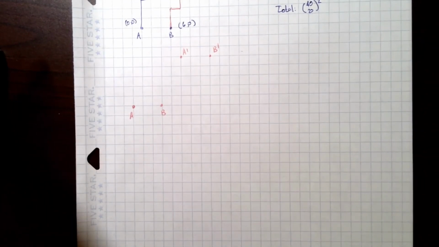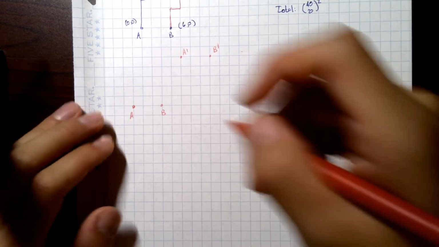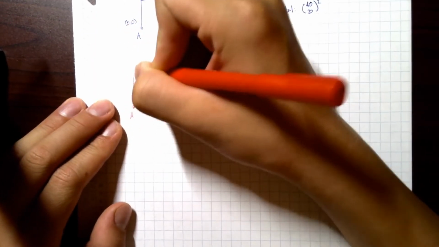The complement of this will just be the paths from A to A' and B to B' that do intersect, like something like this.